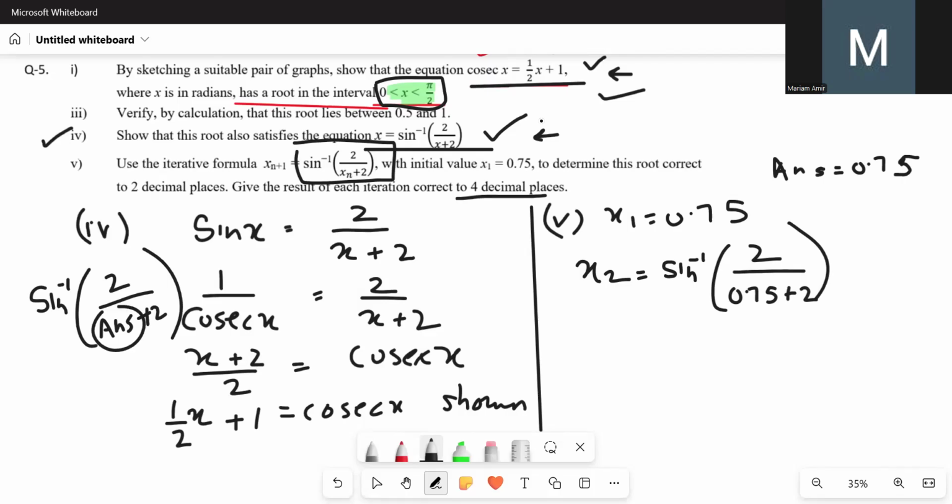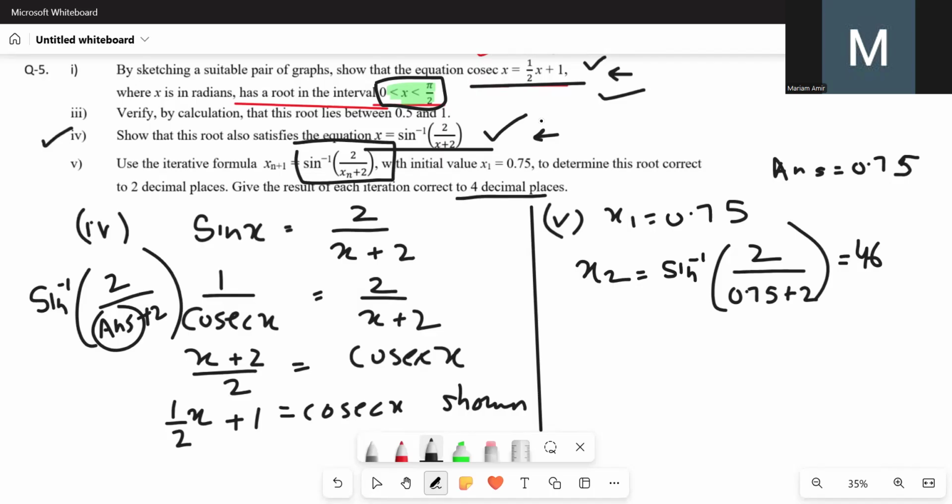Make sure the calculator is set in radians. Shift sine, fraction, 2 upon answer plus 2, bracket close, and press equals. That will give the result of the first iteration, 46 point something. Why am I getting a weird value? Hold on, let me try this again. Oh, because my calculator is in degrees.